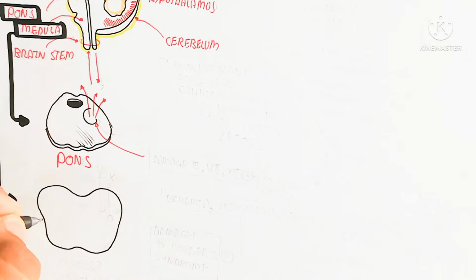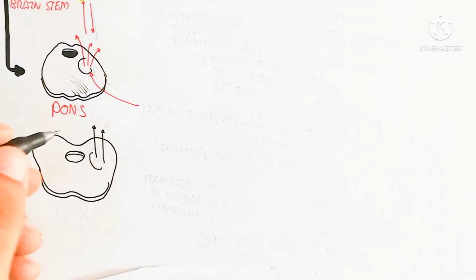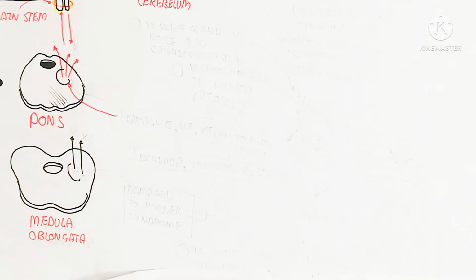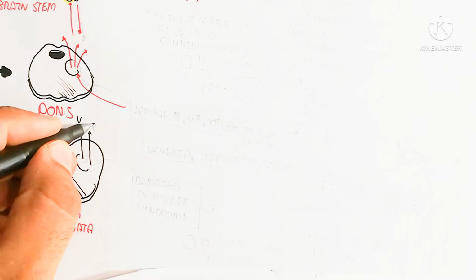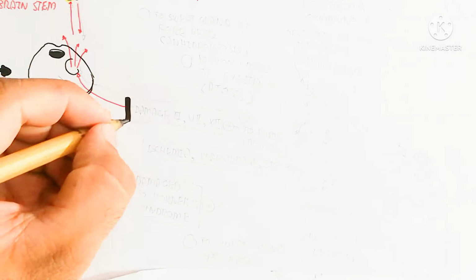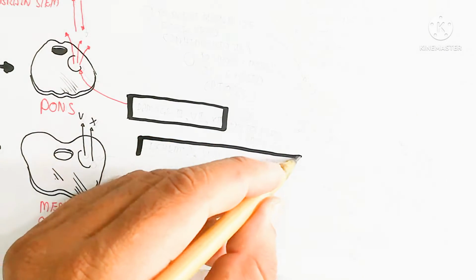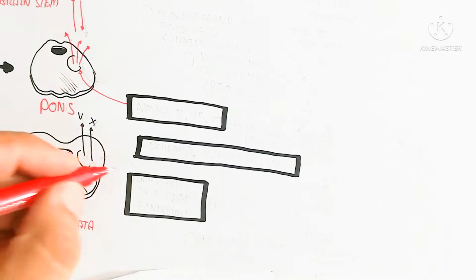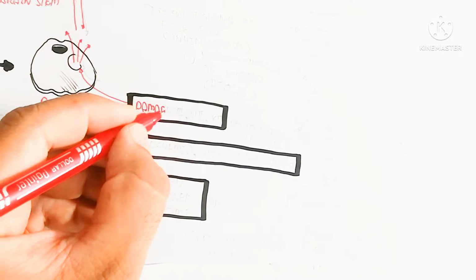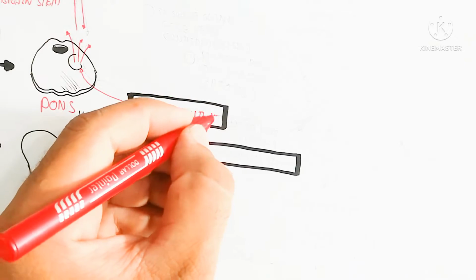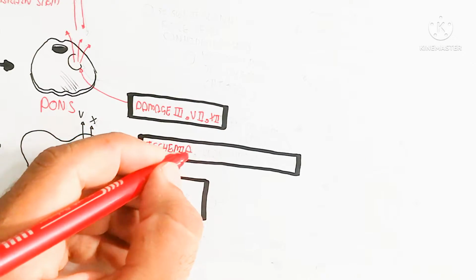These pons and medulla contain three types of nerve pathways: cranial nerves 3, 7 and 12, while the medulla oblongata is related to cranial nerves 5 and 10. Damage here leads to Horner syndrome.